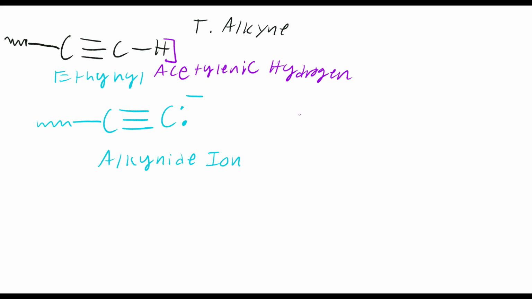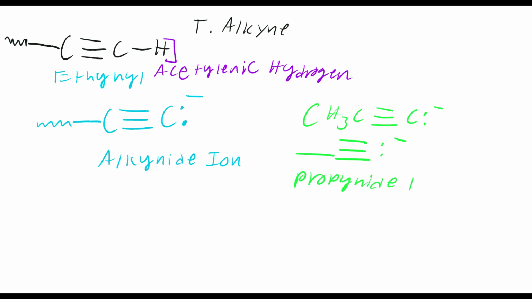I guess you could do the last one, which is a CH3C triple bond. So if you have a methyl or whatever is attached to this carbon, and you were to name it, here's another way that you can write it out. Well, there are 3 carbons in total, so you're expecting propane, but we're going to call it a propynide ion.